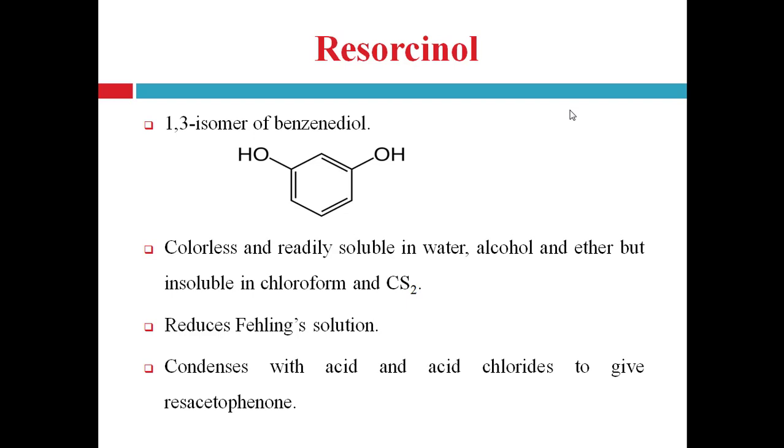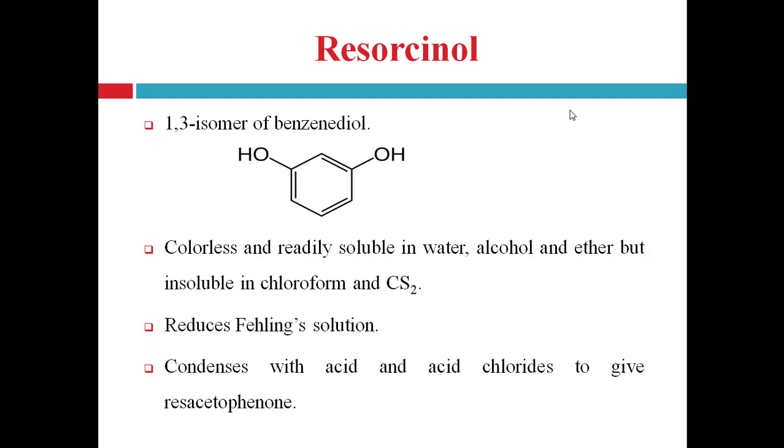Next molecule is resorcinol, that is the 1,3-isomer of benzene diol. It is an example of a benzene diol, meaning the benzene ring has two OH groups, present at the 1,3 position to each other, or meta to each other.